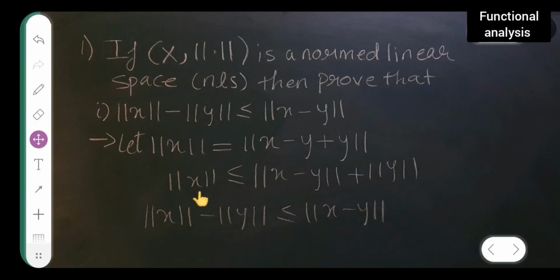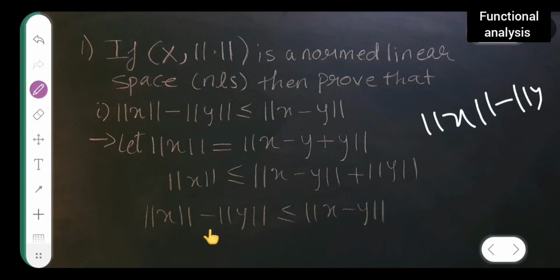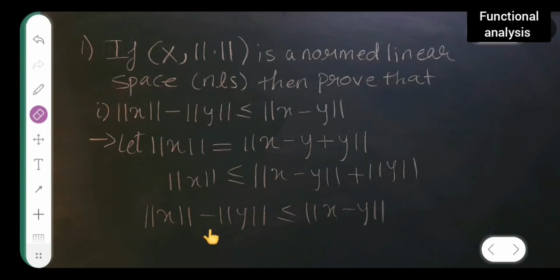Now this ||y|| I'll take to the other side, so what I get is ||x|| − ||y|| is less than or equal to ||x − y||.